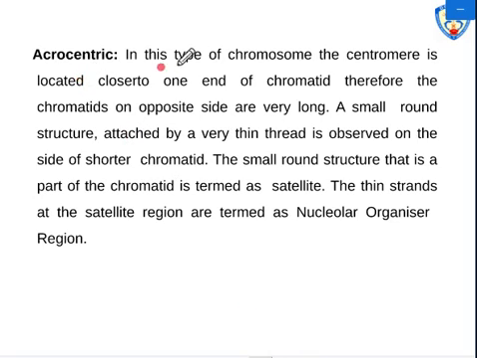Acrocentric: in this type of chromosome, the centromere is located close to one end of the chromatid. Therefore, the chromatids on opposite sides are very long. A small round structure attached by a very thin thread is observed on the side of the shorter chromatid. This small round structure is termed the satellite.